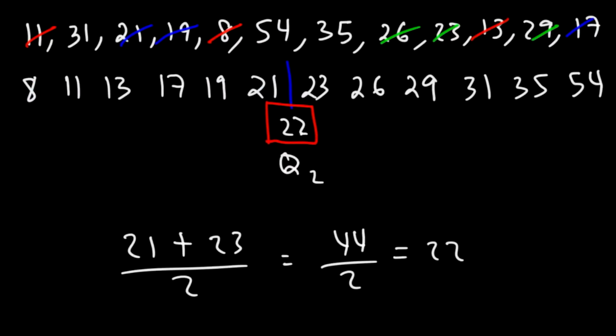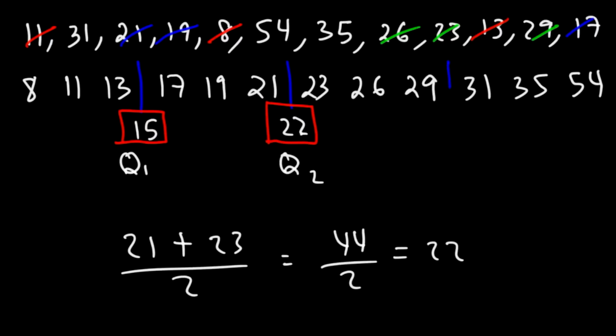We're splitting the lower half of the data into 2 equal parts, with 3 numbers on the left and 3 numbers on the right. The average of 13 and 17 is the middle number between those two, which is 15. So 15 is the first quartile.